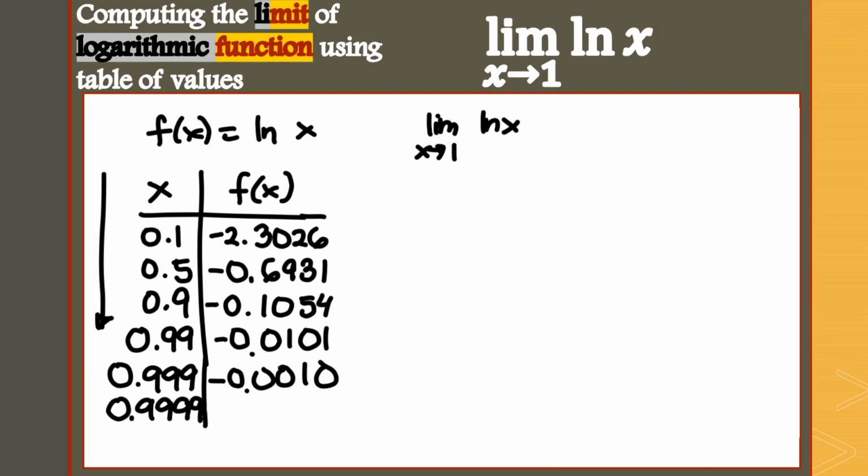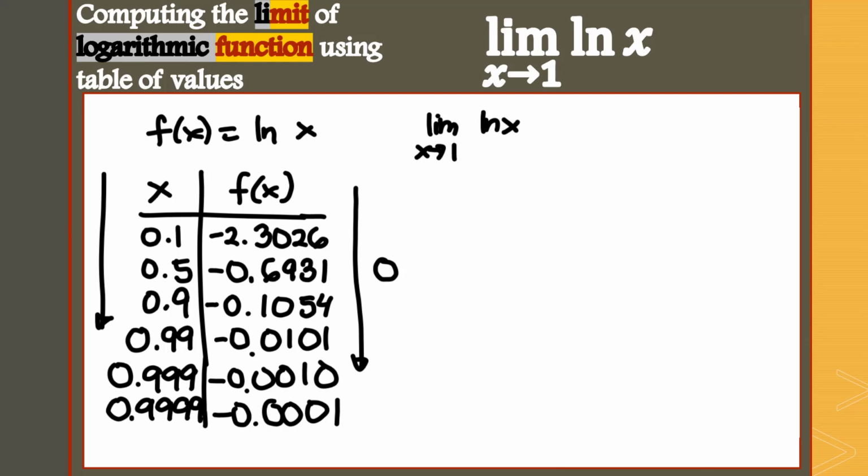And then trying the value 0.9999, even closer to 1 from the left, you will have an approximation of negative 0.0001. As you can see, when you examine all these values, it gets closer to a specific number, which is 0. This is the limit of the natural logarithm of x as x approaches 1 from the left.